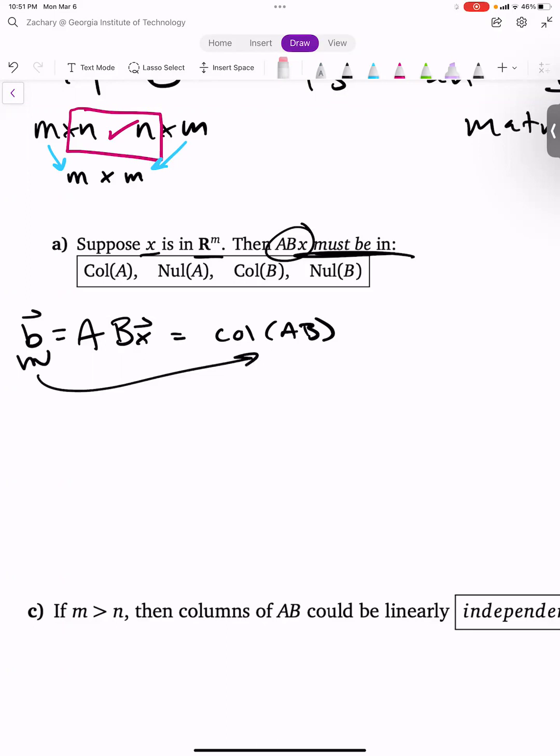The way I like to think of this question is as A times BX, where B is a matrix and X is a vector.